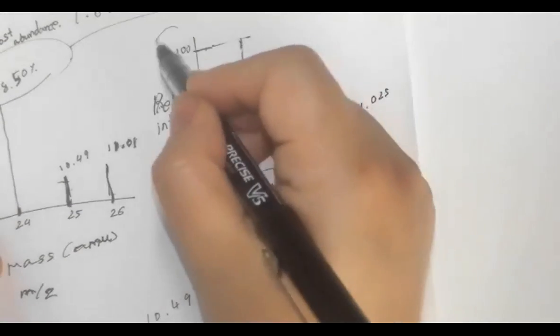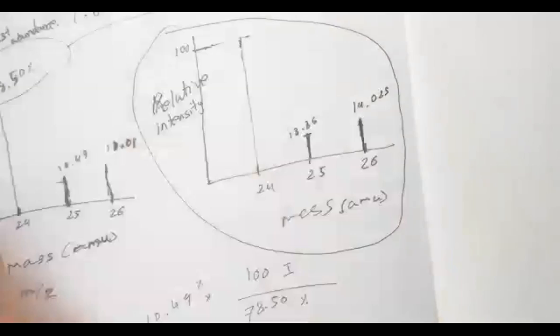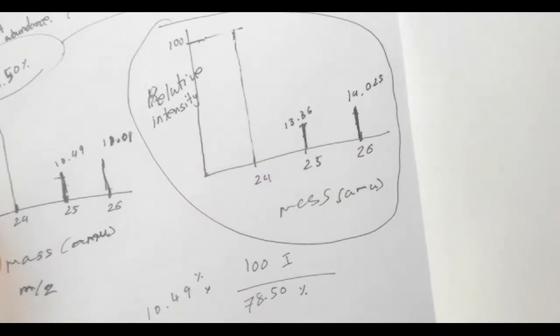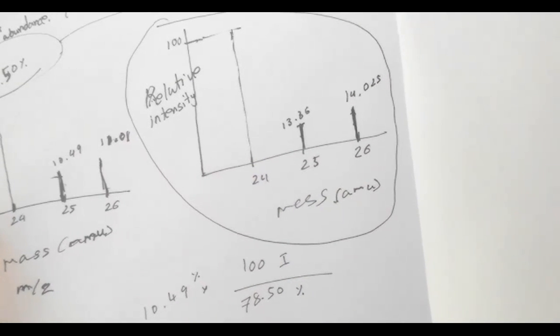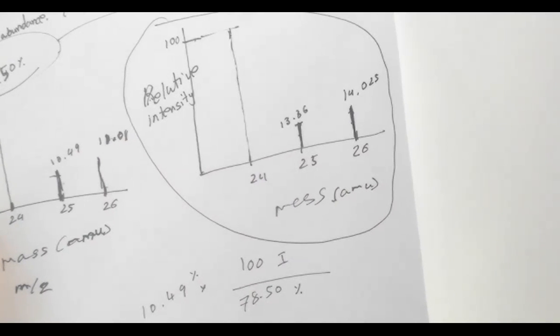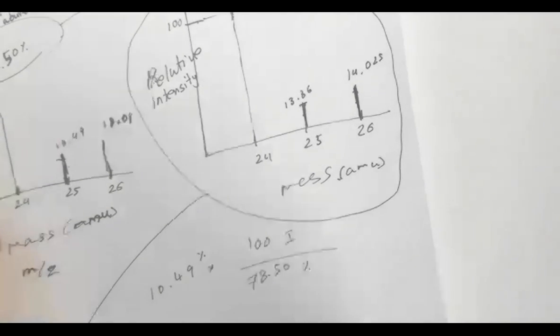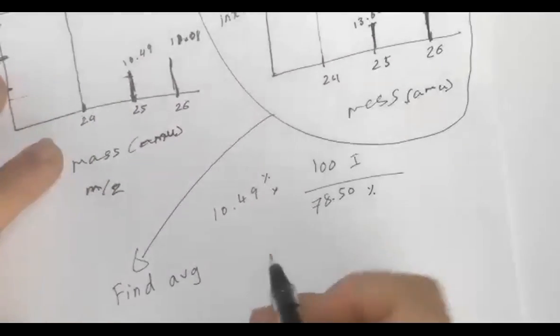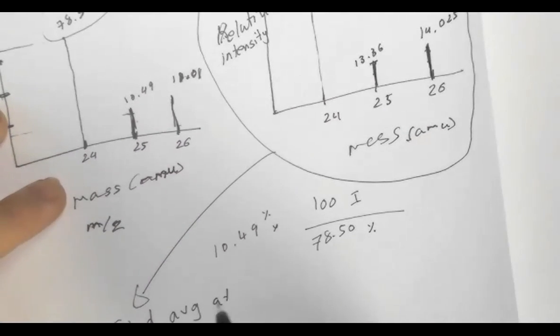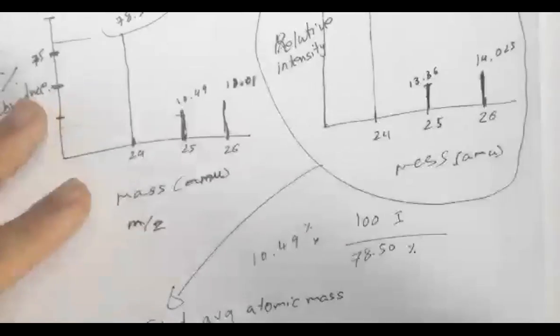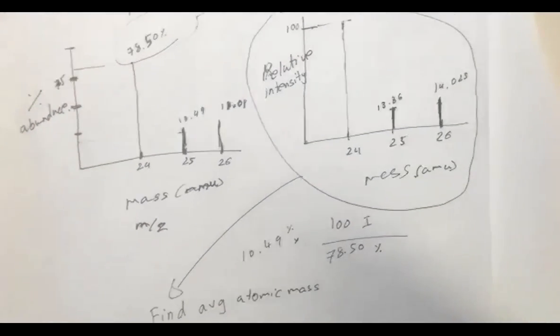Let's say I give you this picture. Okay, now I'm using the same thing. Now I'm asking a different thing. I give you this picture and I say, find average atomic mass.